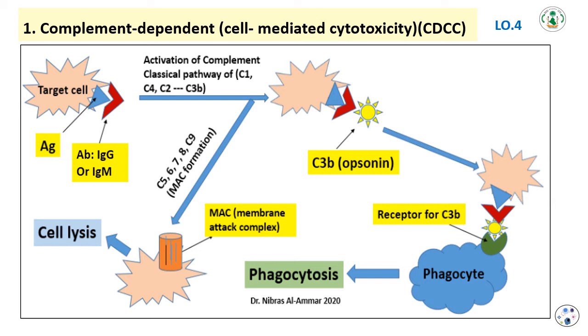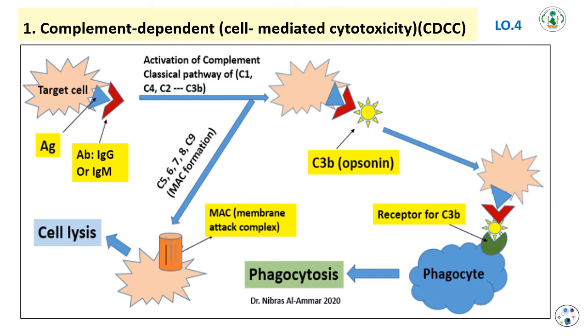In that case, phagocytic cells have specific receptors for C3b, bind with this opsonin, and lead to phagocytosis of the target cell.